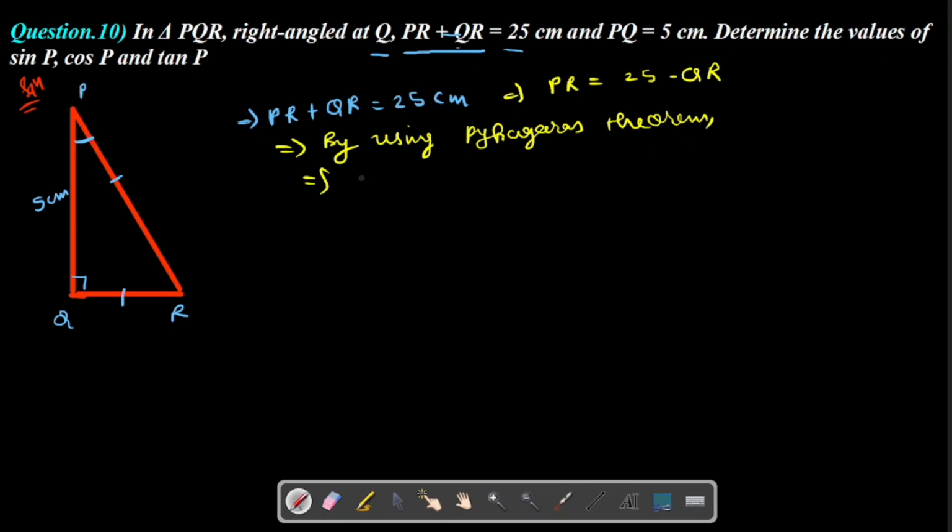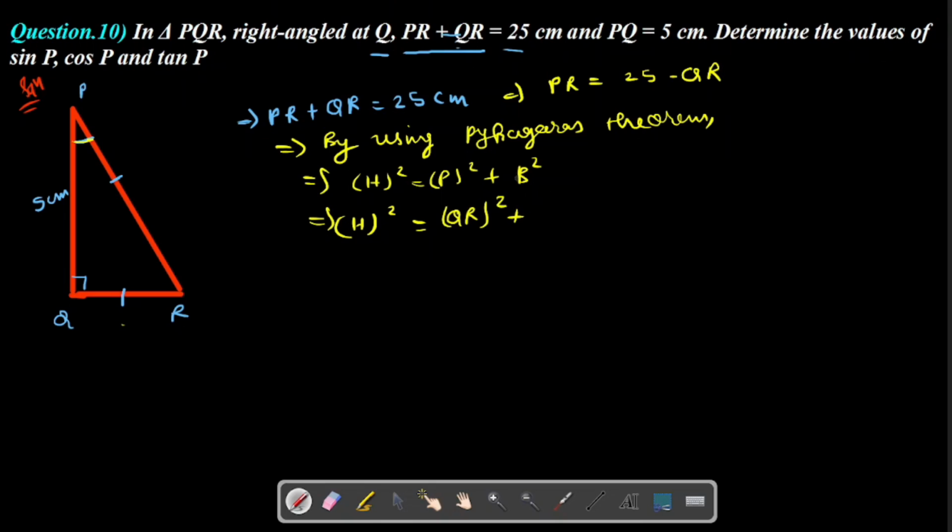By Pythagoras we have H square is equal to perpendicular square plus base square. For angle P, the perpendicular is QR, so we have QR square plus base.